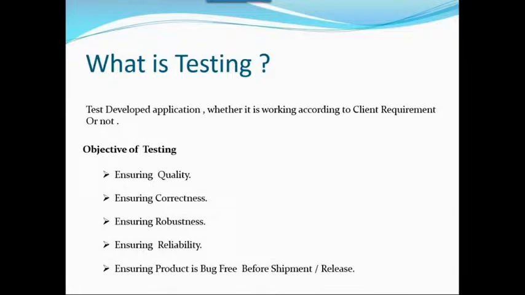You cannot say there is no bug in an application. Definitely there will be some bugs, no doubt at all. But we resolve those bugs and give the quality of the application to the customers. If you develop any application, you cannot say that it is 100%.